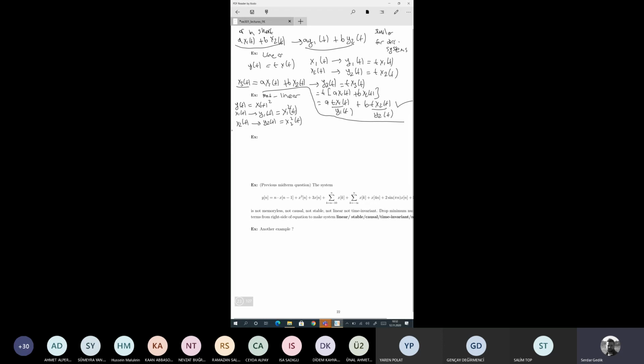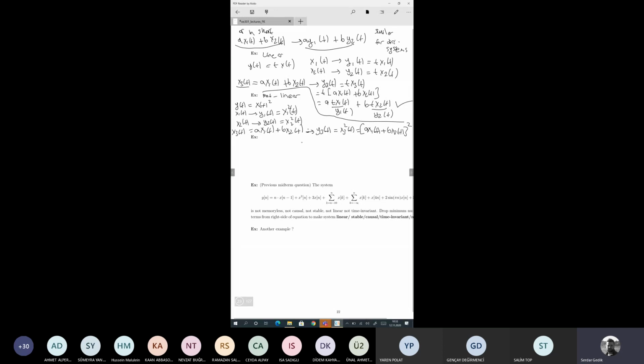If I define x3 of t as a times x1 of t plus b times x2 of t, then at the output I have y3 of t, which is equal to x3 of t squared, and it's equal to (a x1 of t plus b x2 of t) squared.